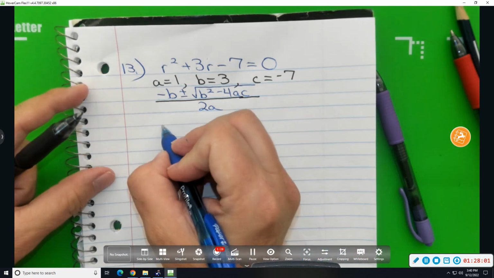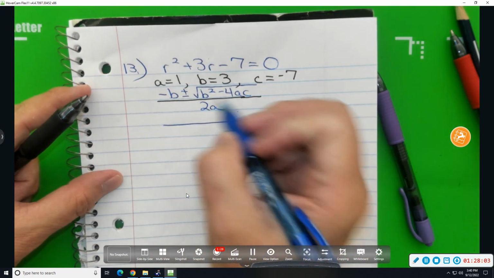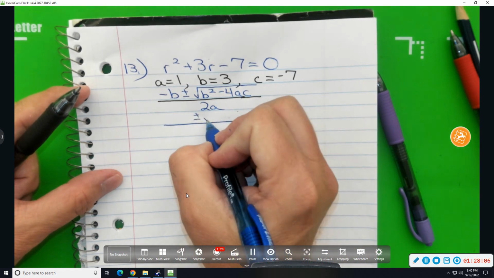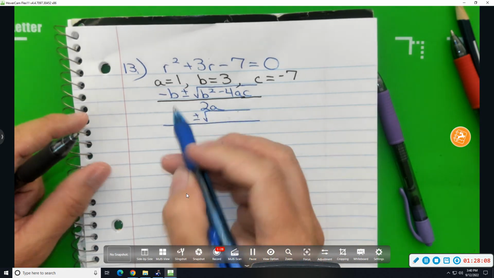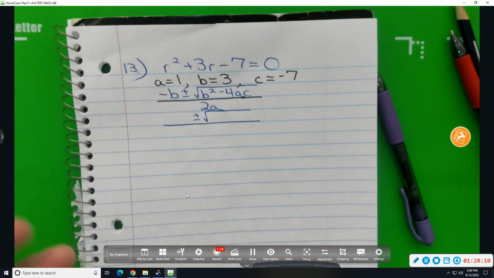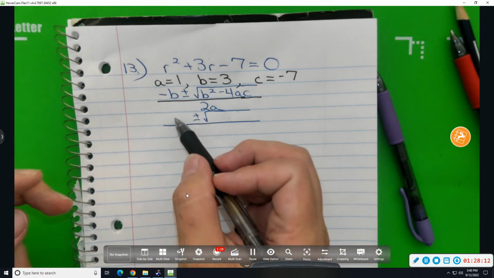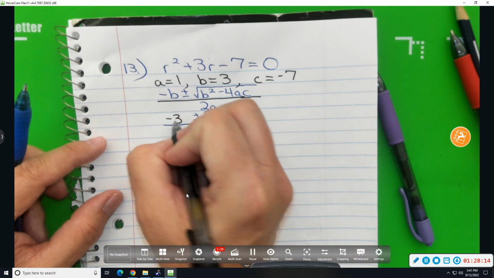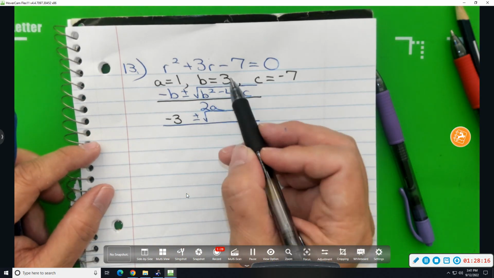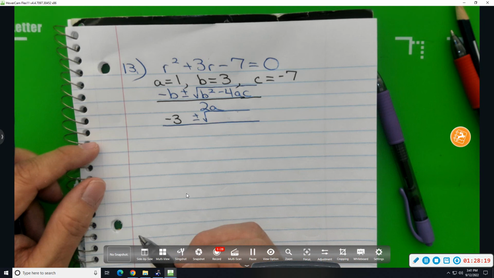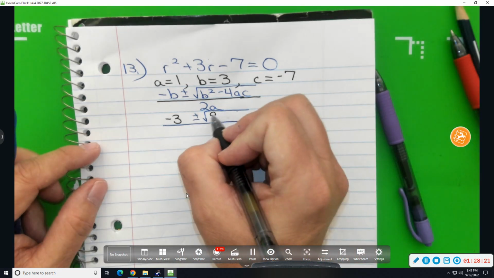So now we're going to start substituting in. -b, the opposite of 3 is -3, I agree. B squared, 3 times 3 is 9, I agree.